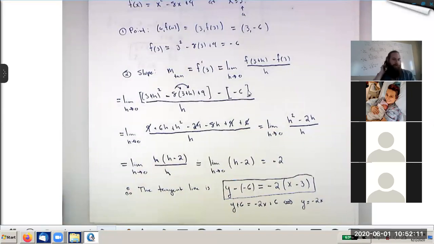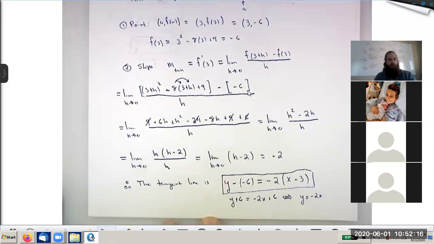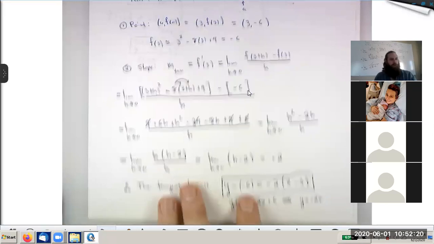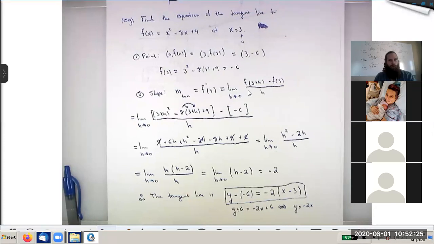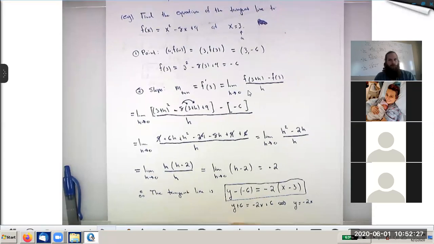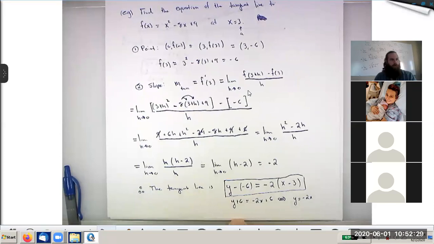I'm not going to draw this graph by hand, but I am going to flip over to Desmos here and show you how these two things interact. Before that, any questions on the calculations? I'll zoom out a little bit so we can see everything at once. Questions on this calculation, finding the equation of the tangent line to that function at that point?